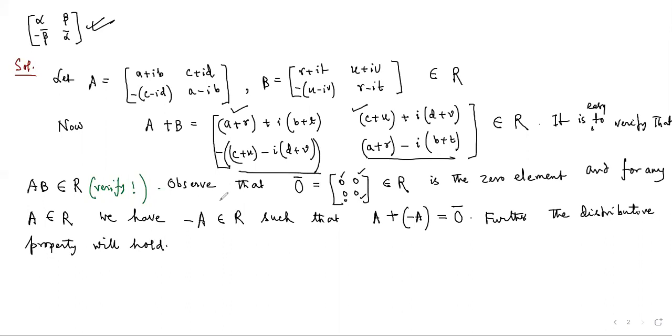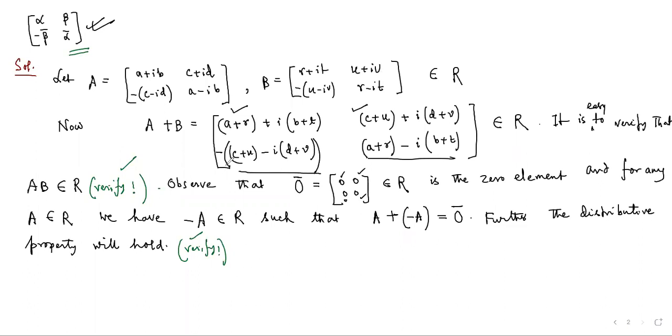So I'm asking all of you to verify this part by yourself. I'm leaving these two parts for you because this is just a kind of tedious calculation, and some adjustment has to be done to bring it into this particular form. To save time, I'm leaving these calculations for you to do.